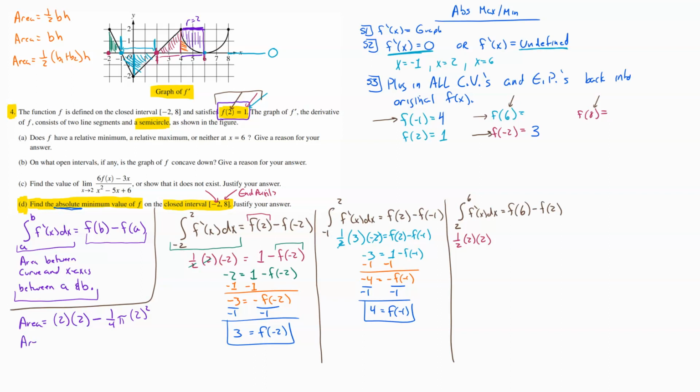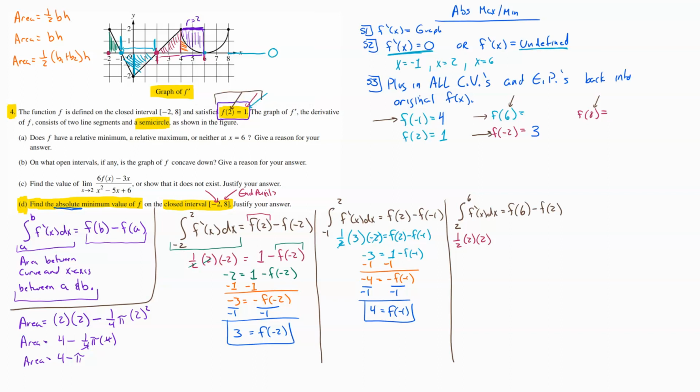So for that piece, we're going to end up getting 4 minus, this would be 1/4 pi times 2 squared, which is 4. So the area of that piece is going to be 4 minus, the 4's cancel out, 4 minus pi. Bringing that over here, that's now giving us that little orange bit at the bottom.